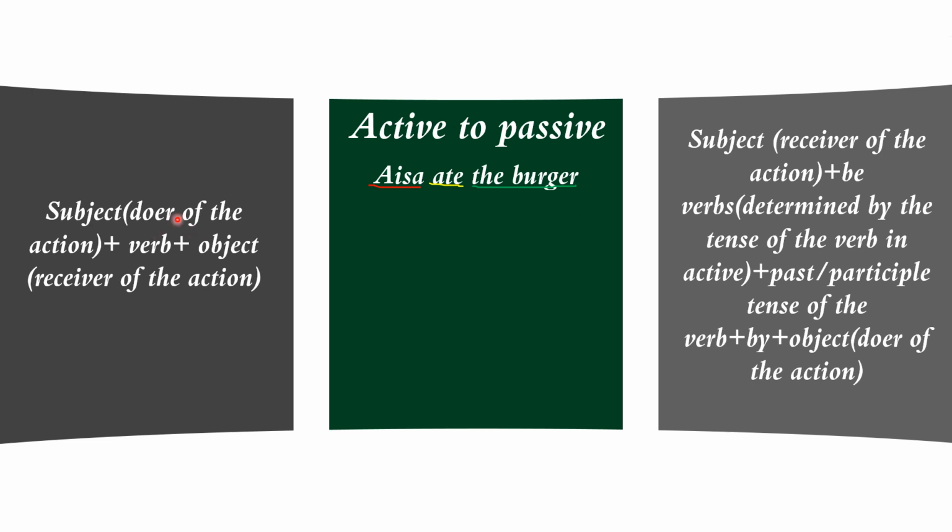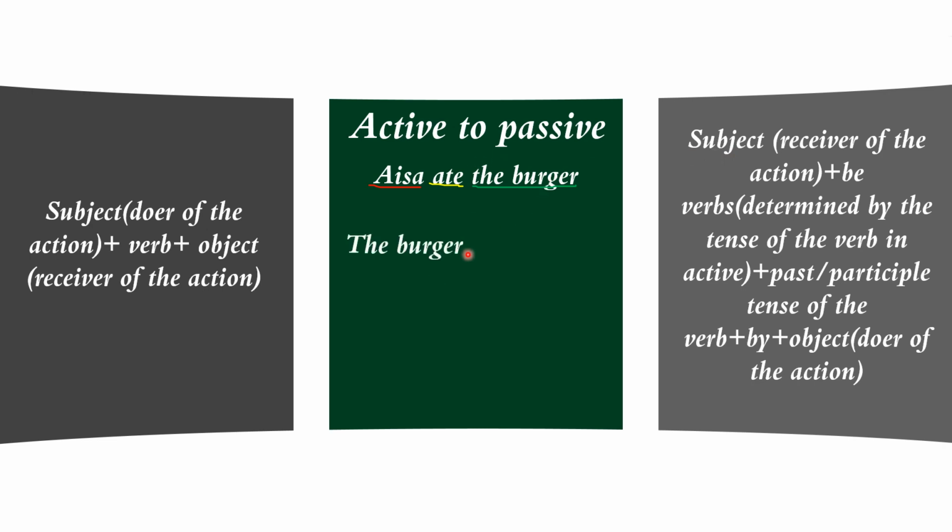Now we are going to convert this sentence using the formula. So who or what is the receiver of the action? The burger. Now it will be the subject of the converted sentence.